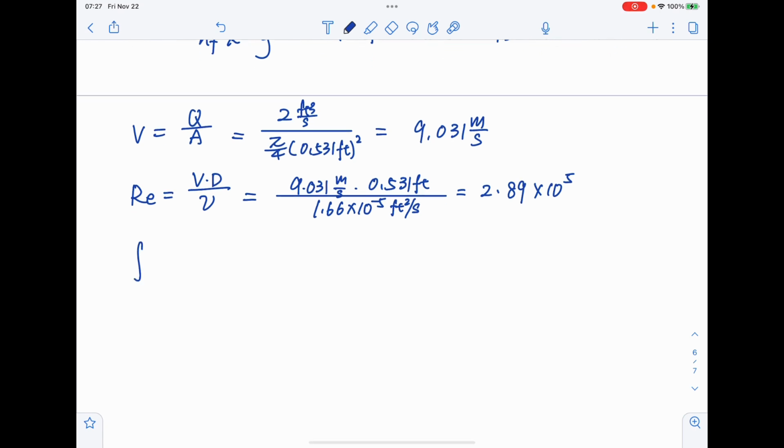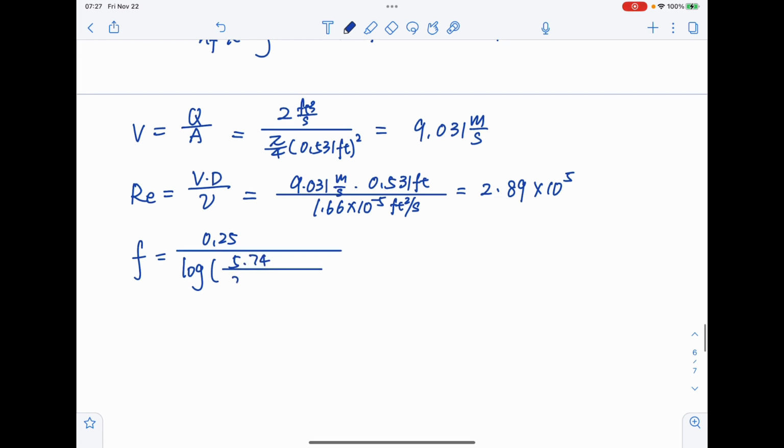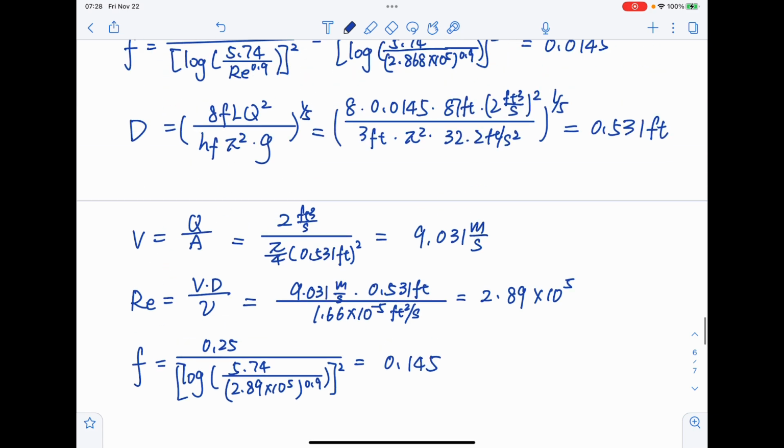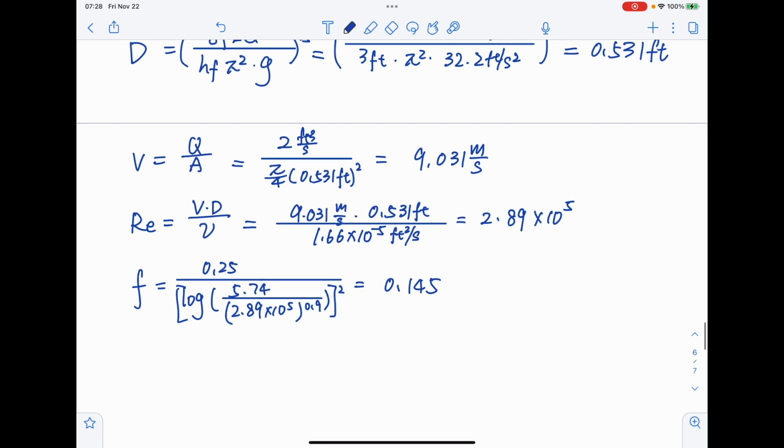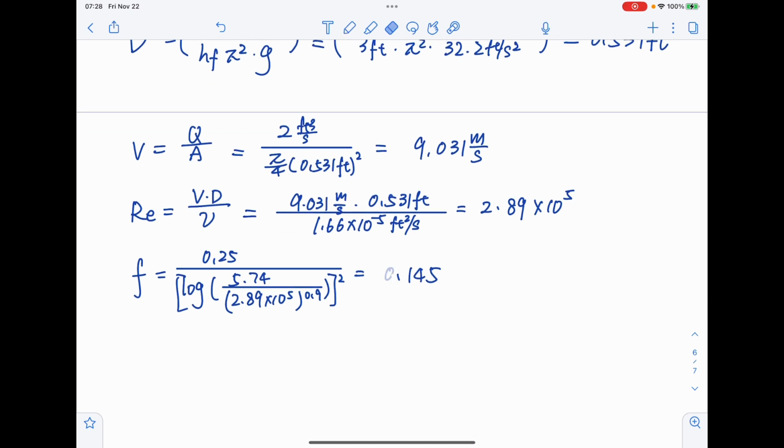And we're gonna do the calculation for the friction factor again. This will give you 0.0145 again, so 0.015.